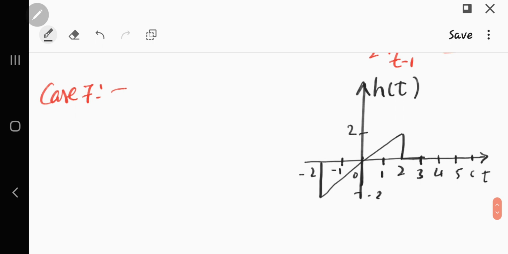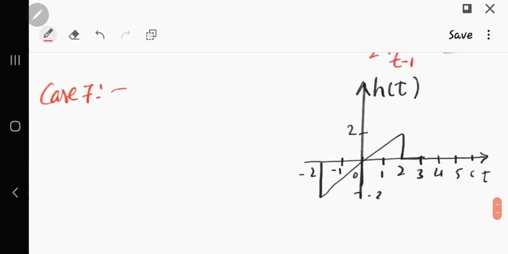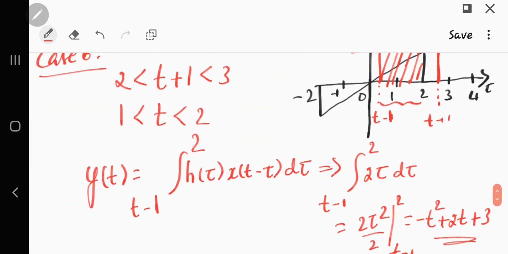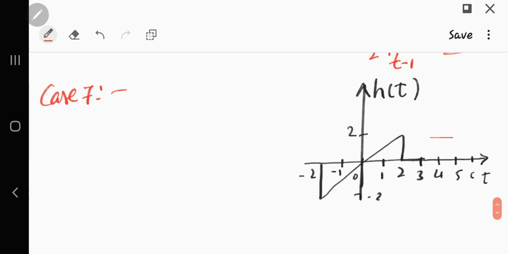Okay. Now the overlapping signal. The previous case I have placed between 2 and 3. Now I will place this between 3 and 4. So this is my t plus 1 here.